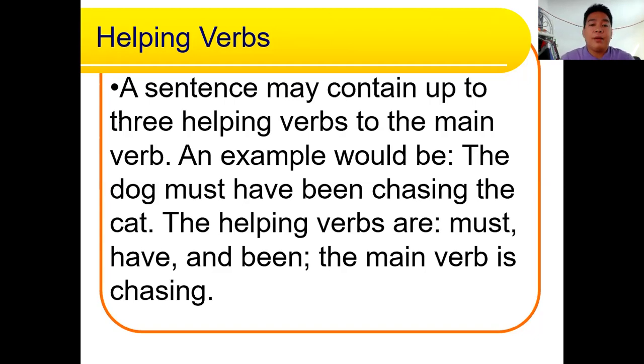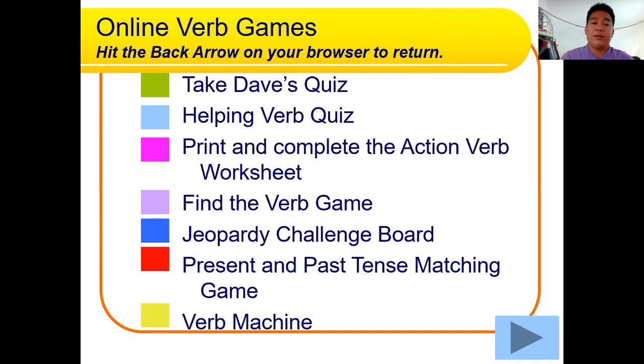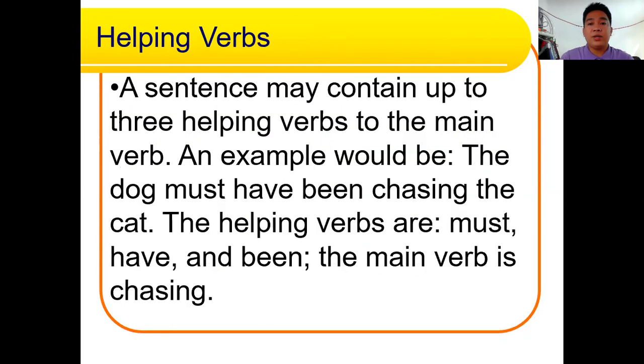So that is how you identify helping verbs and action verbs. We have the present tense, the past tense, and the future tense. And like what I said, we can use helping verbs if your sentence needs them, but not always.